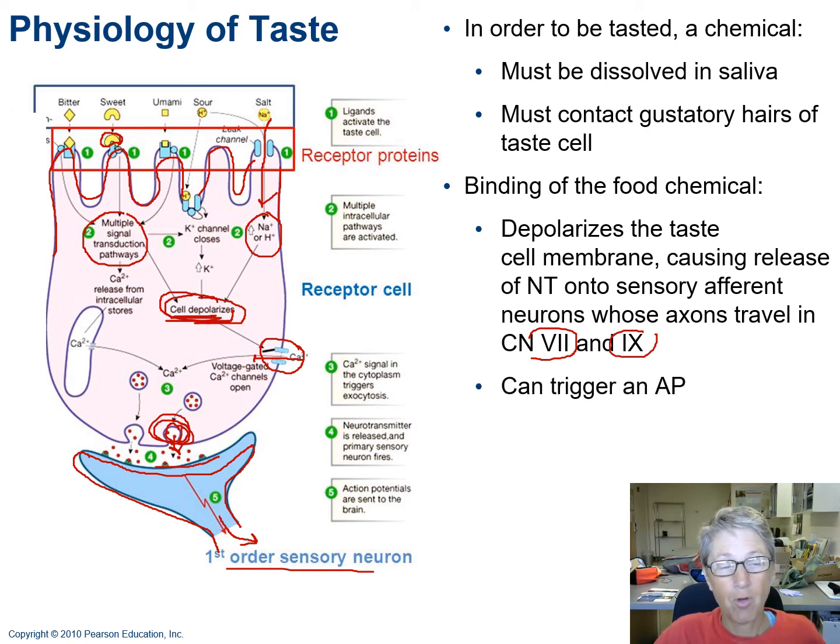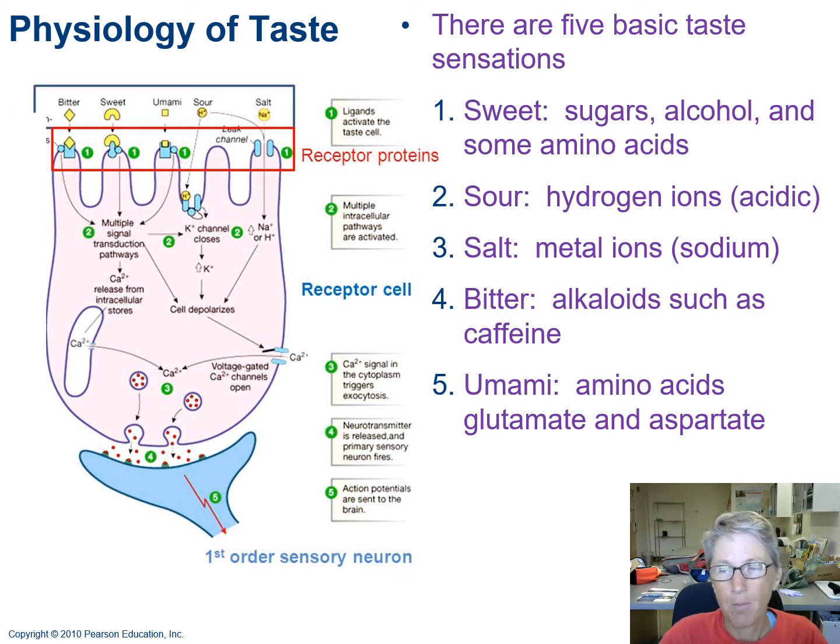And this neurotransmitter release can trigger an action potential. That's how the information would get to the brain from your tongue: you carry the action potentials through the series of neurons until you get back to the area of the brain, the gustatory cortex, where you would say, whoa, I just tasted something.